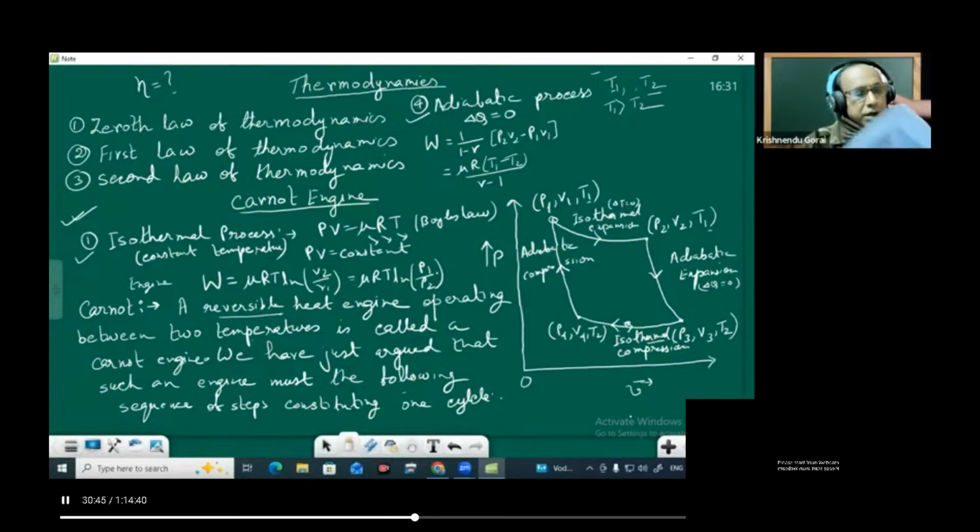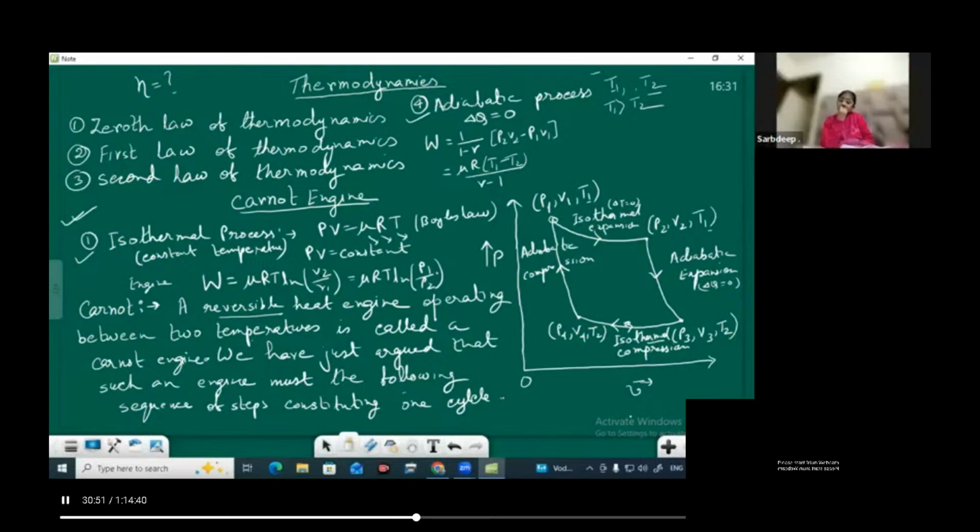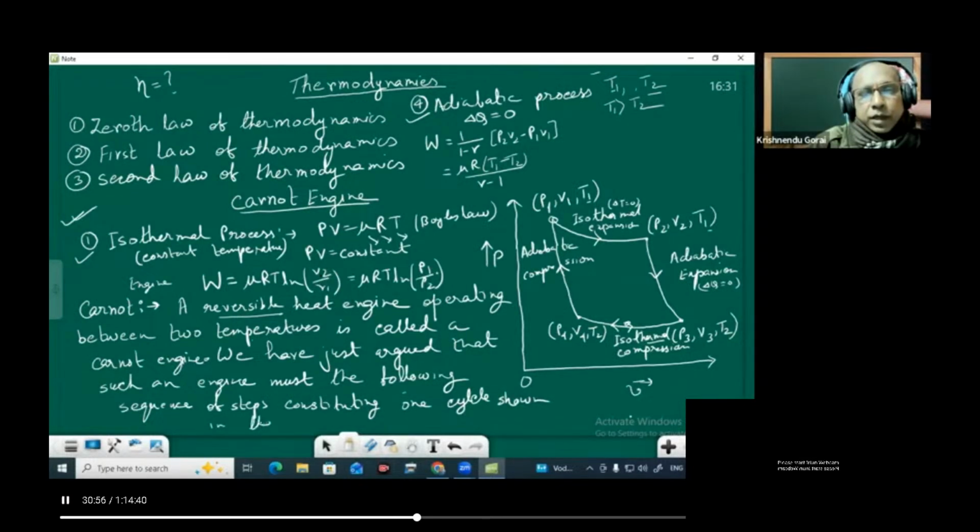So remember how to find the work done. That is important here. The Carnot cycle is shown in the figure. See, it's shown in the figure.